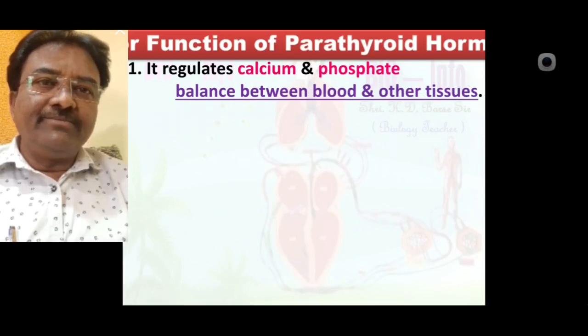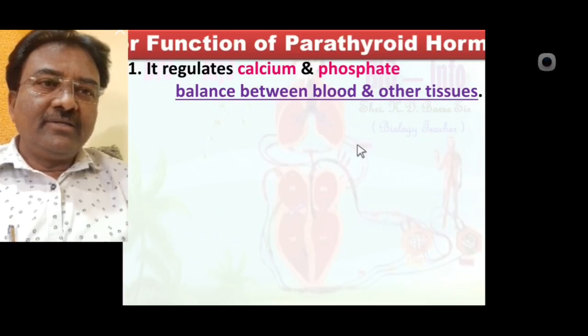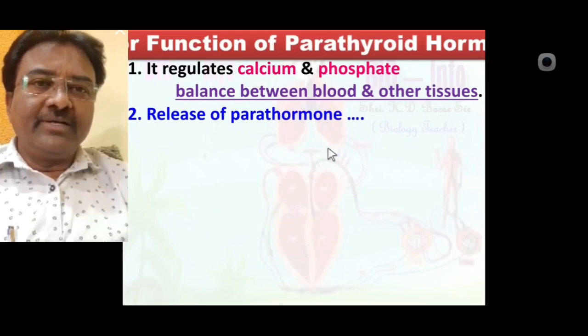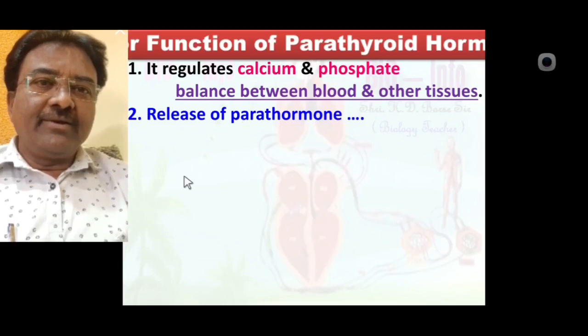This is the most important function of parathyroid hormone: to regulate calcium and phosphate balance between blood and other tissue, for example bone and blood. So the parathyroid gland is most important because it maintains this balance between the blood and other tissue.